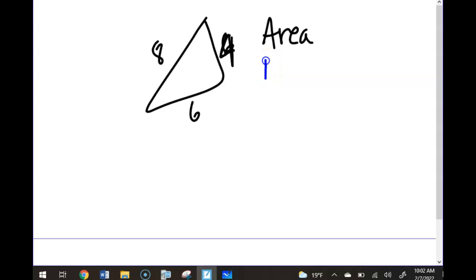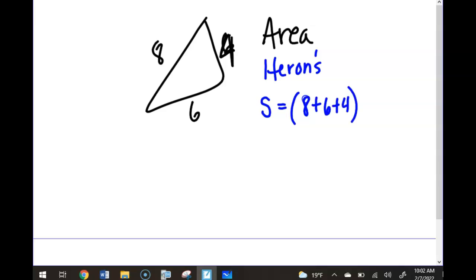Heron's formula says S equals, or the semi-perimeter equals, you add up the sides. Oh, it's going to be a nice even number. We can do that. 18 divided by 2 is 9. Did somebody get 9? If you're going to use your calculator, remember you have to hit enter before you divide by 2, or you have to use parentheses. 8 plus 6 plus 4 is 18, divided by 2 is 9.